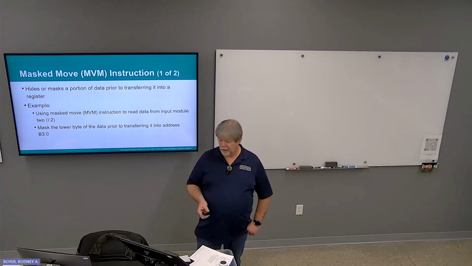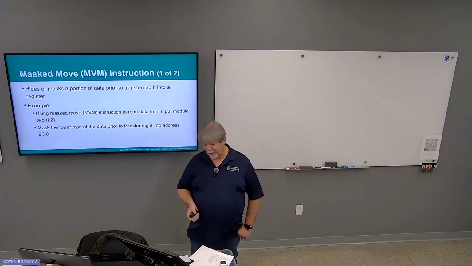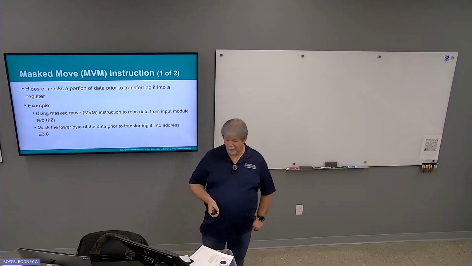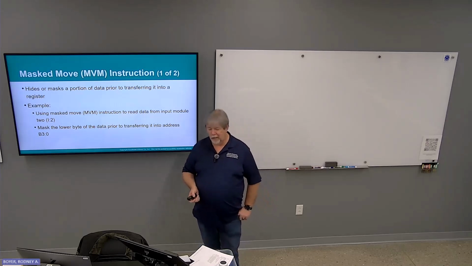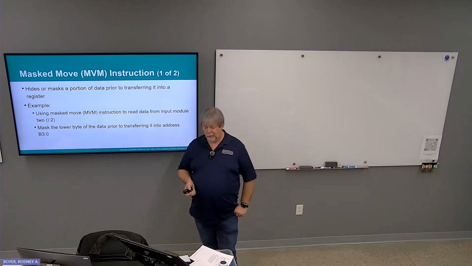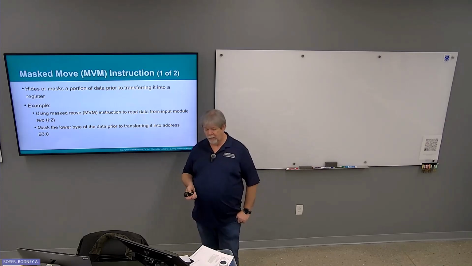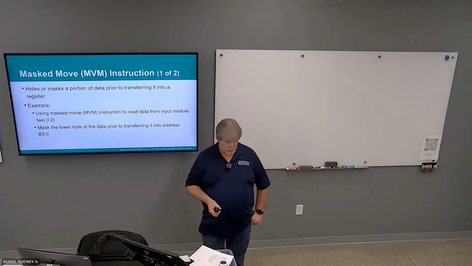Masked move hides or masks a portion of the data prior to transferring it into a register. Example using masked move: read the data from an input module number 2, mask the lower byte of the data prior to transferring it into address B30.